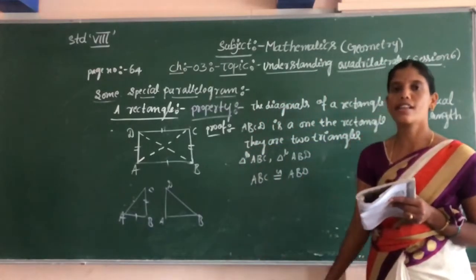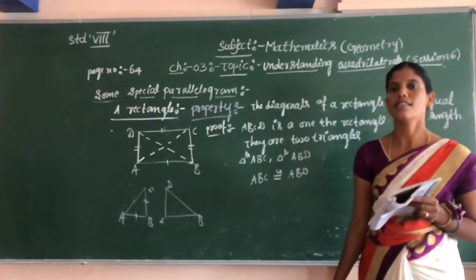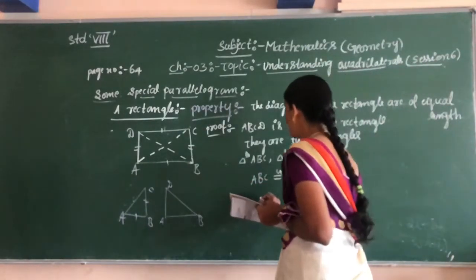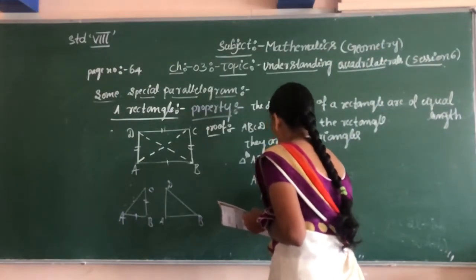Because the two triangles are the same shape and same size. Otherwise, this is congruency. Therefore, AB is equal to AB.